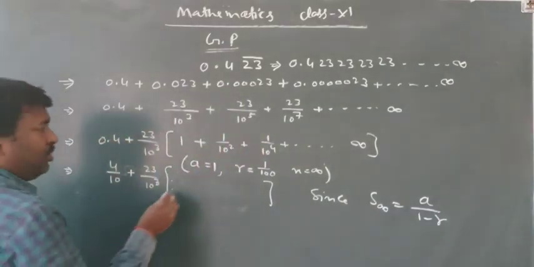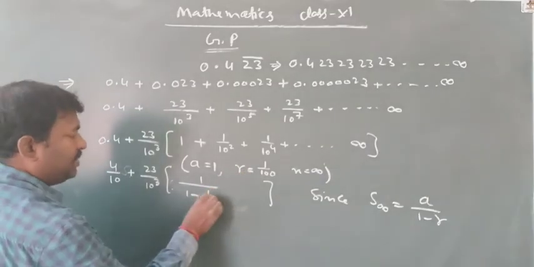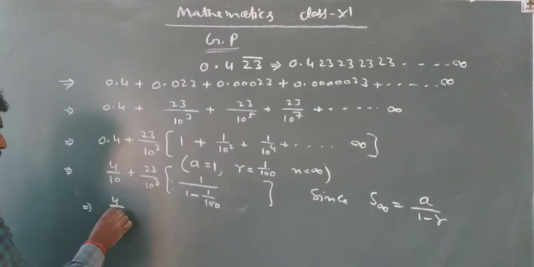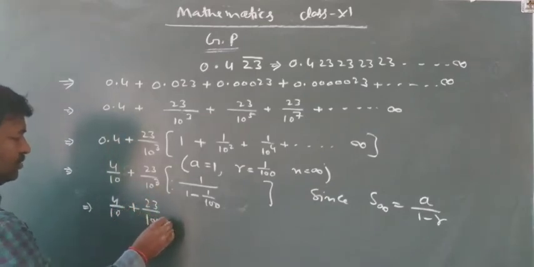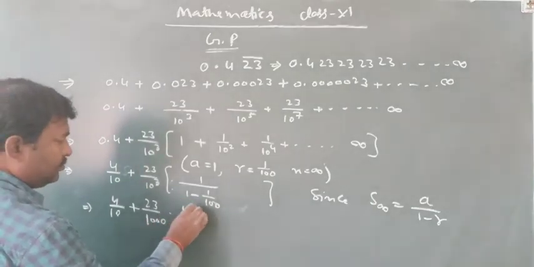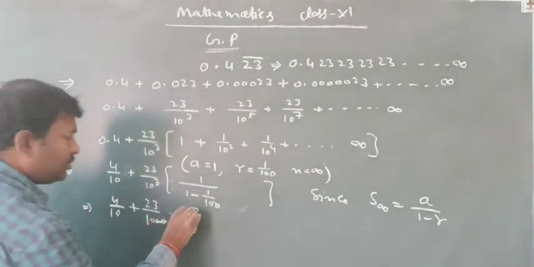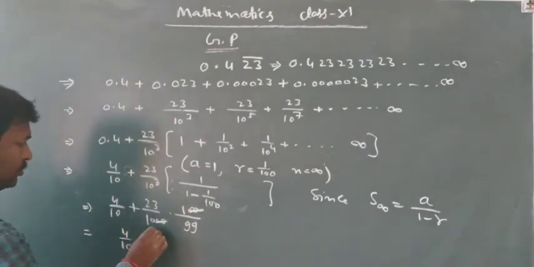Applying that formula here, a is 1 and r is 1 upon 100. So this implies 4 upon 10 plus 23 upon 1000 into 100 divided by 100 minus 1, 99. This 0 cancels out. Now 4 by 10 plus 23 upon 990.